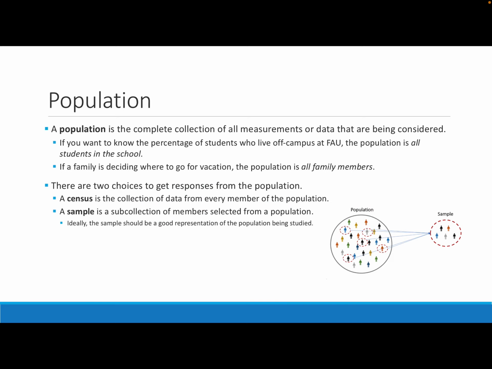And in this case, the size of the population is not very big, maybe 3, maybe 5, but it wouldn't be like 30,000. So you can see that the size of the population could be small or big, and depending on the size of the population, you have different ways to get responses.